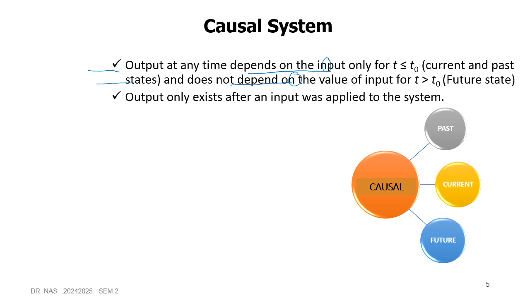A causal system is also known when the output exists after an input was applied to the system. So obviously, when you have an input, for example x(t), to a system, then your output is generated. So how come the output is generated without the input?